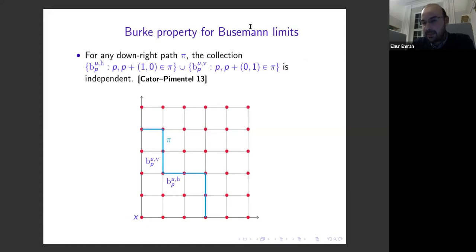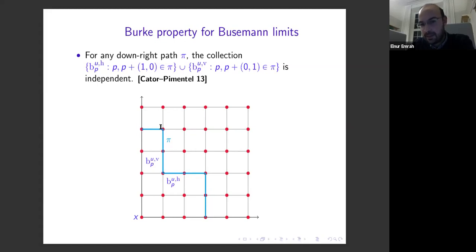There's a lot one can say about the Busemann limits in this model. For example, it's known that they satisfy the Burke property. Note that the bulk LPP does not have this property, but in the limit, the Busemann limits satisfy this property.